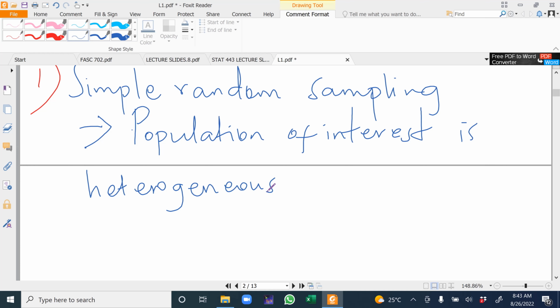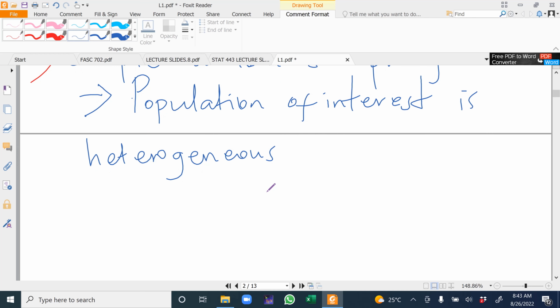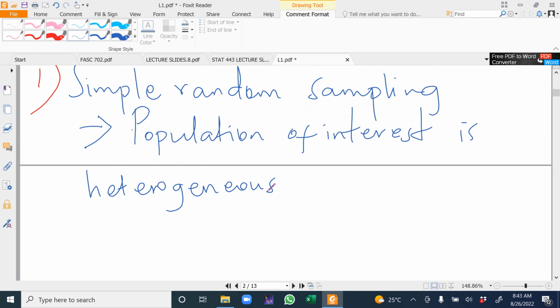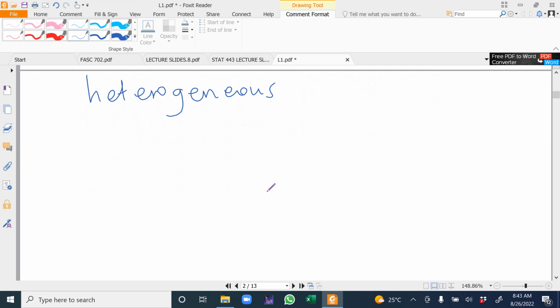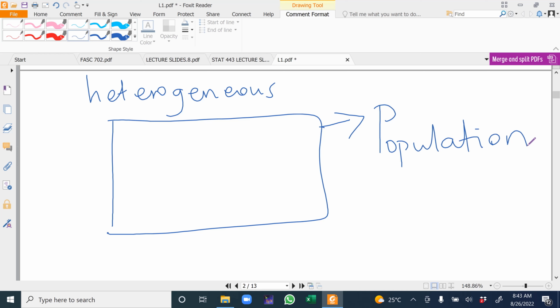Now, from this population of interest, we are supposed to pick a sample. This is the set of population units that are heterogeneous in nature, and then from that, you pick a sample.